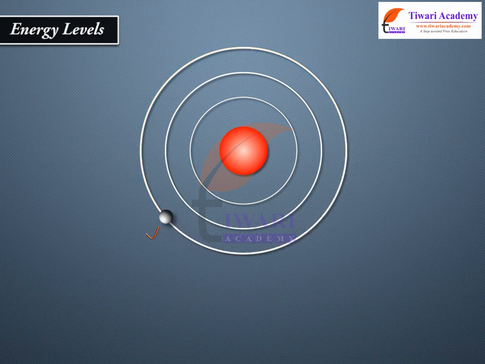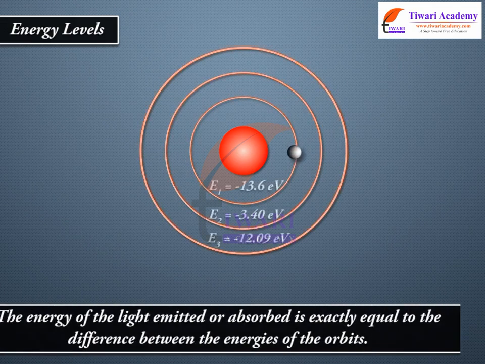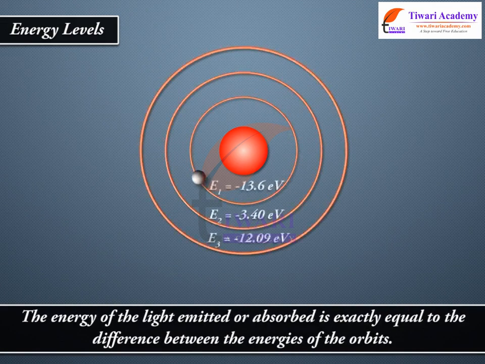From these excited states, when the electron falls back to a state of lower energy, it gives out energy in the form of radiation. The energy of the light emitted or absorbed is exactly equal to the difference between the energies of the orbits.